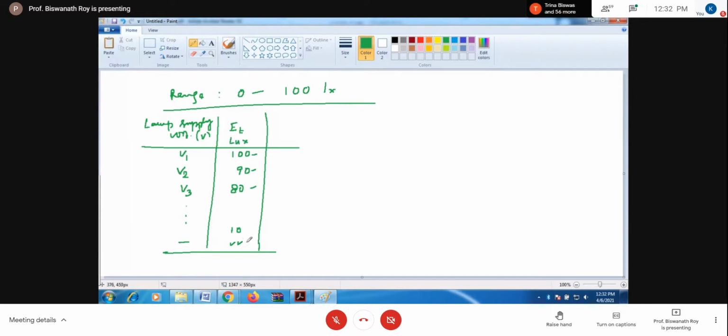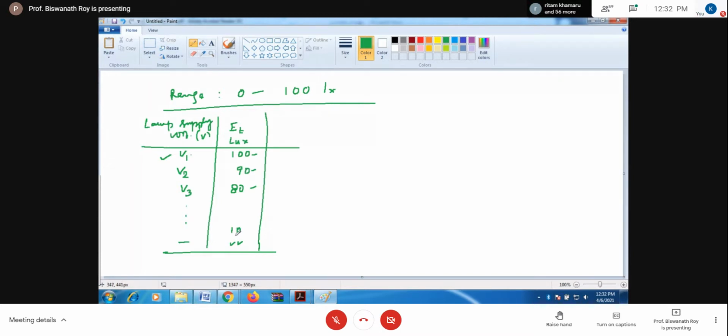So in this run, by adjusting the supply voltage to the lamp at different values, which I do not know beforehand, I make the lux meter reading go from 100 to 10 at intervals of 10.